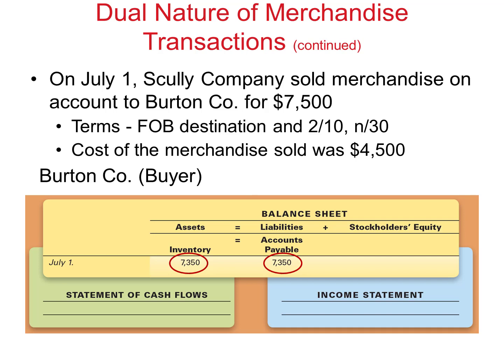They are buying goods for $7,500. However, the expectation is that they will receive and pay for the goods within 10 days and receive the 2% discount. Therefore, Burton is reporting inventory at the net of discount amount of $7,350, and because the transaction was on account, the buyer is reporting accounts payable at the same amount of $7,350.